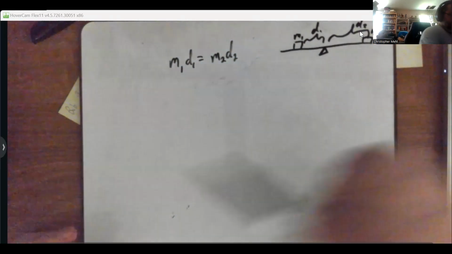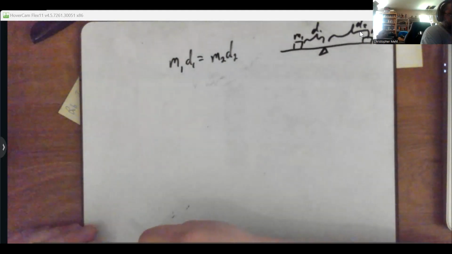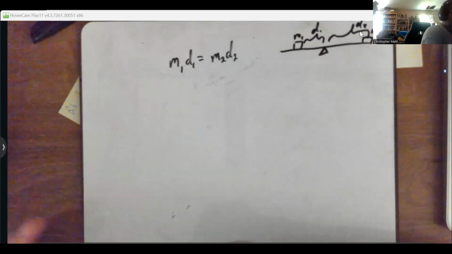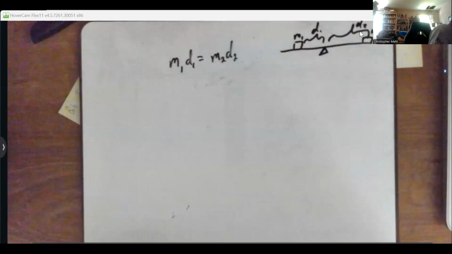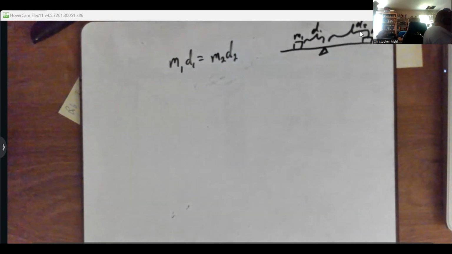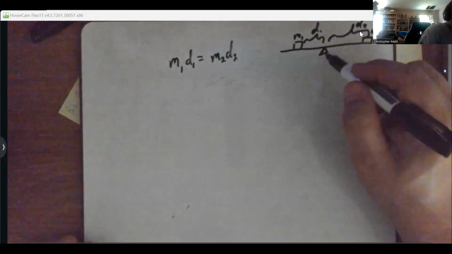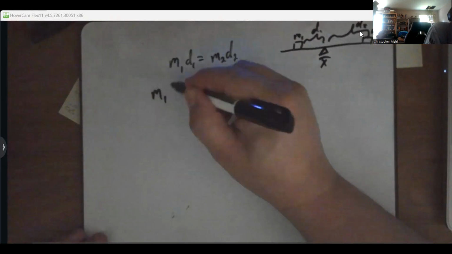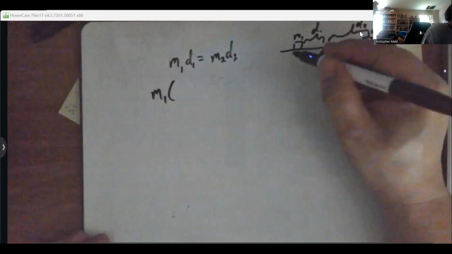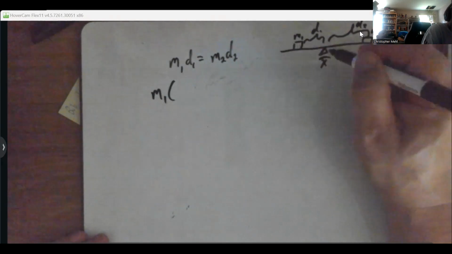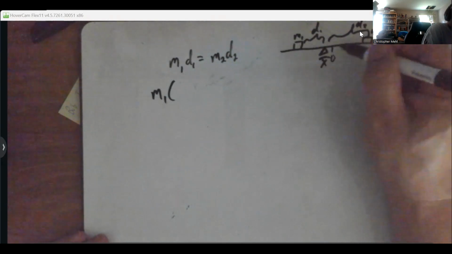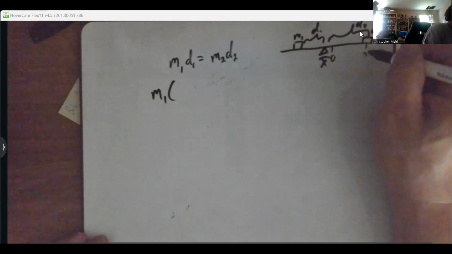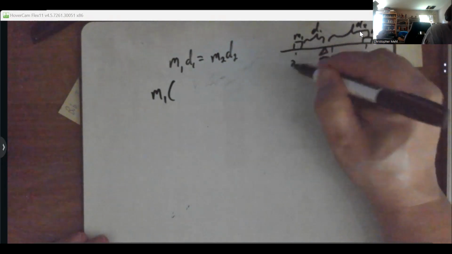In order to generalize this, like we're normally going to do, we're going to impose a coordinate system on this thing. We're going to say that the balance point has a coordinate x bar. Say this is x equals 0, and then this is coordinate x2, this is coordinate x1.